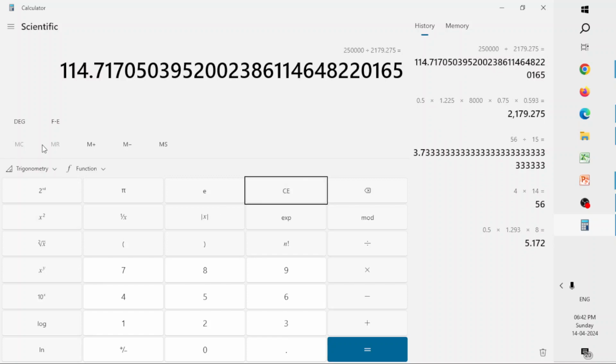So the area will be approximately 114.717 meter square.